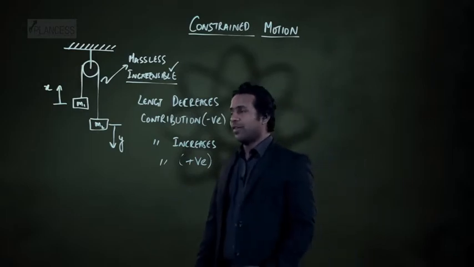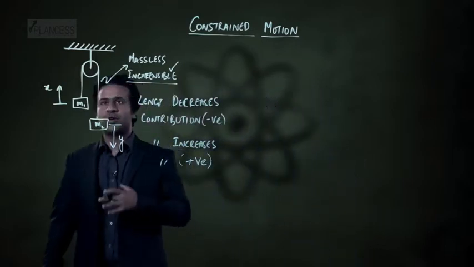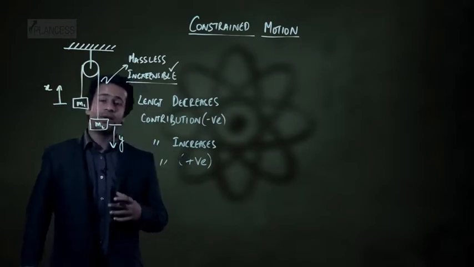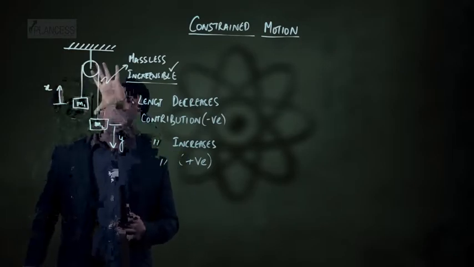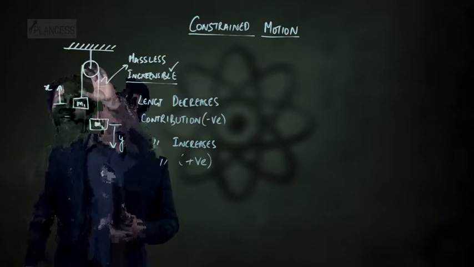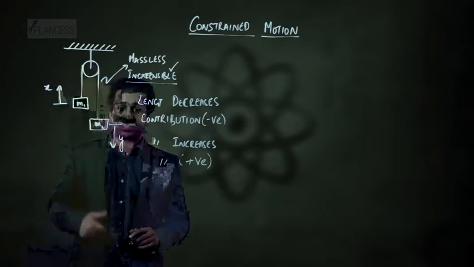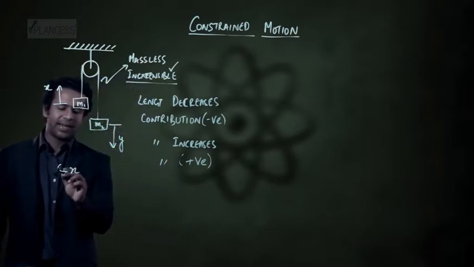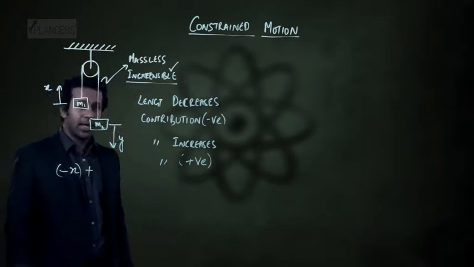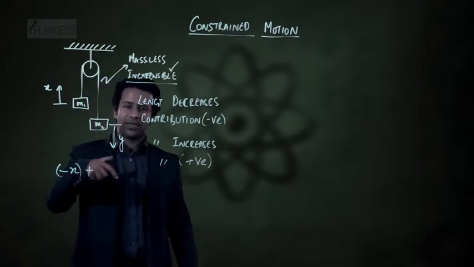If we were writing these equations for the given scenario, we would first of all focus on M1: this side remains the same and this side the length shrinks by x. Since the length has decreased, we will call it minus x. Now we will focus on the other side.